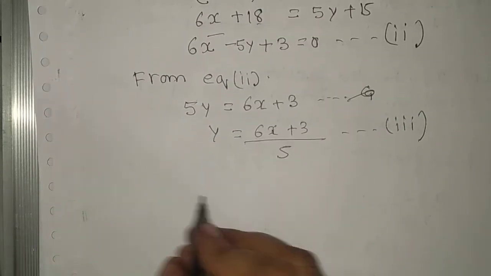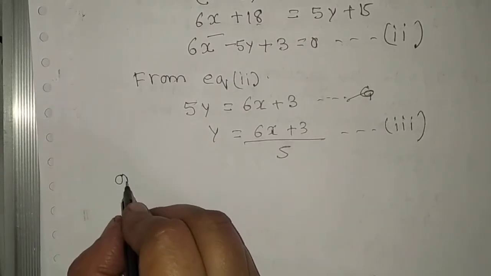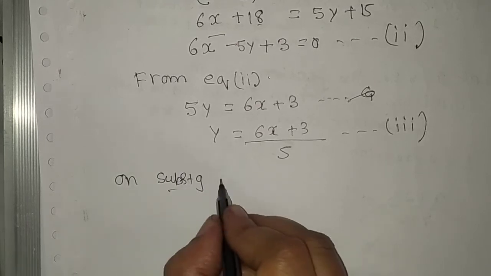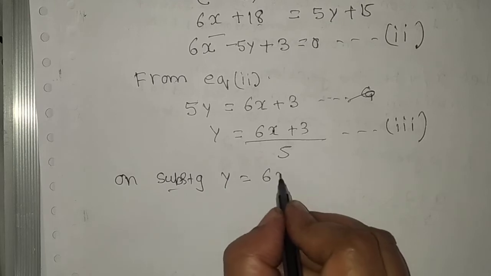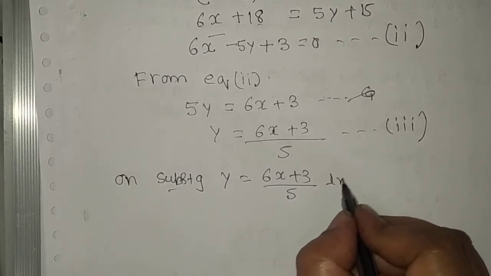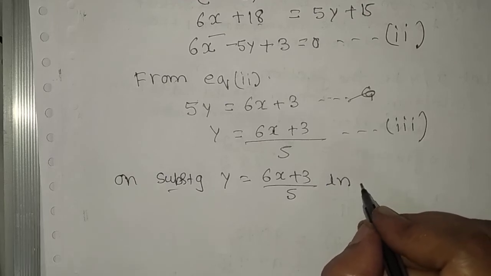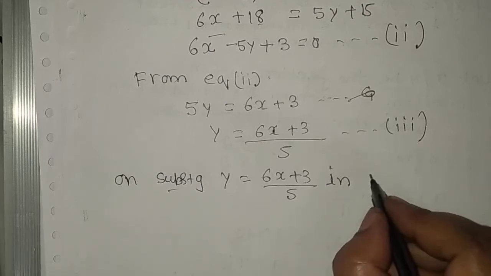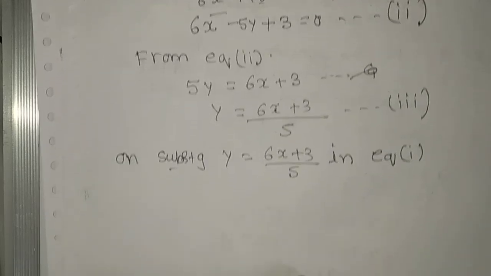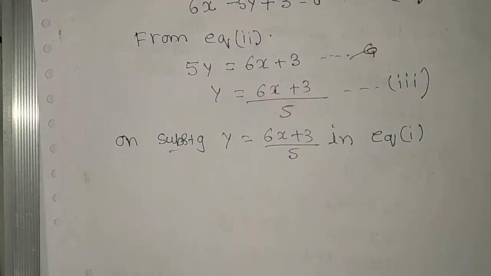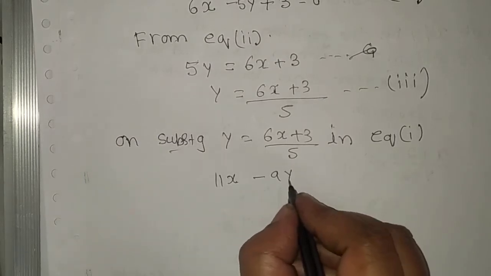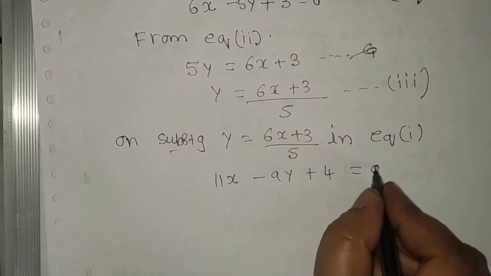Now what happens? Next step, on substituting y is equal to 6x plus 3 by 5 in equation 1. So what we get, take this 11x minus 9y plus 4 is equal to 0.